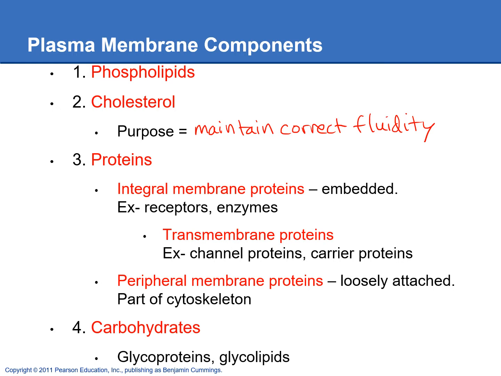And they can serve different purposes, so they could be receptors, enzymes. A lot of times these transmembrane proteins that go all the way across are going to be used to transport things across the membrane. The peripheral membrane proteins are loosely attached to the inner surface of the membrane, and it's a place for the cytoskeleton to attach.